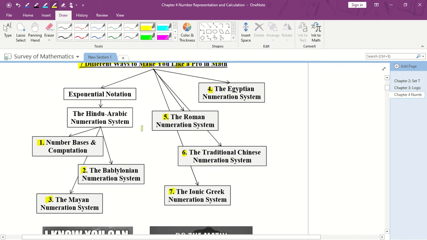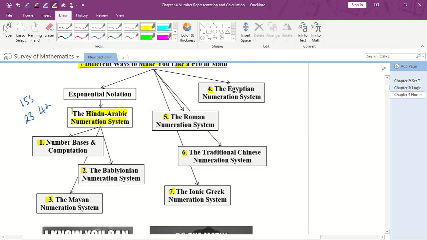You need to know that the numerals we usually write, for example 23, 42, 153, are what we call Hindu-Arabic numerals, or the Hindu-Arabic numeration system.